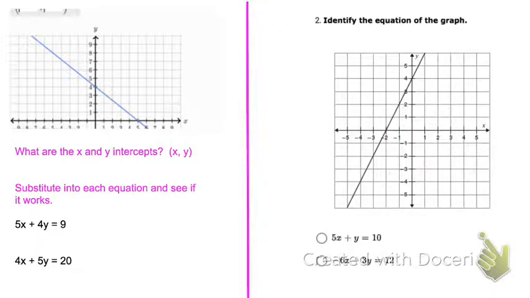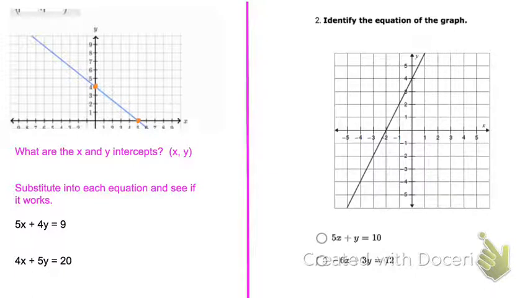So your actual quiz question is on the right and the example is on the left that I'm going to go through. If they give you a graph and some equations and ask which of these equations is being graphed, first pick some points on the graph. The easiest ones to pick are where it goes exactly through the grid lines for the x and y intercepts.